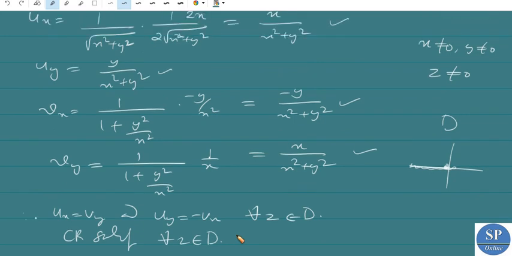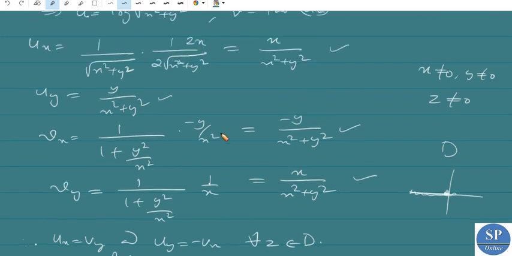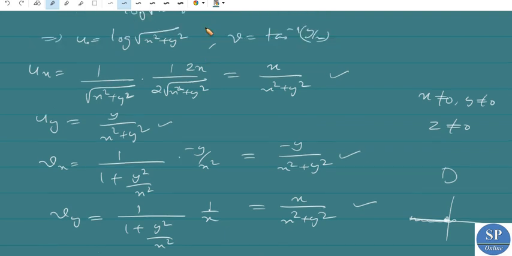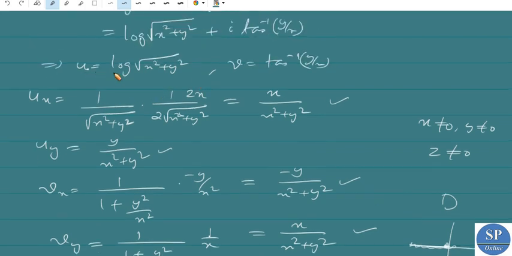Also, in the domain D these functions u and v are continuous. U is continuous and v is continuous in this domain, that is, excluding the non-positive real axis.